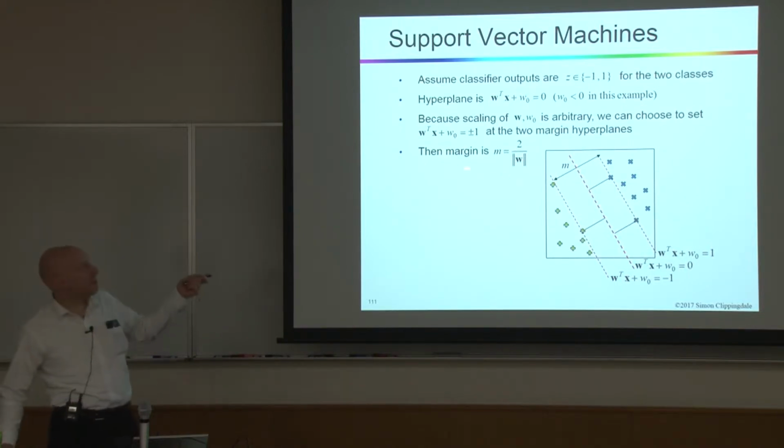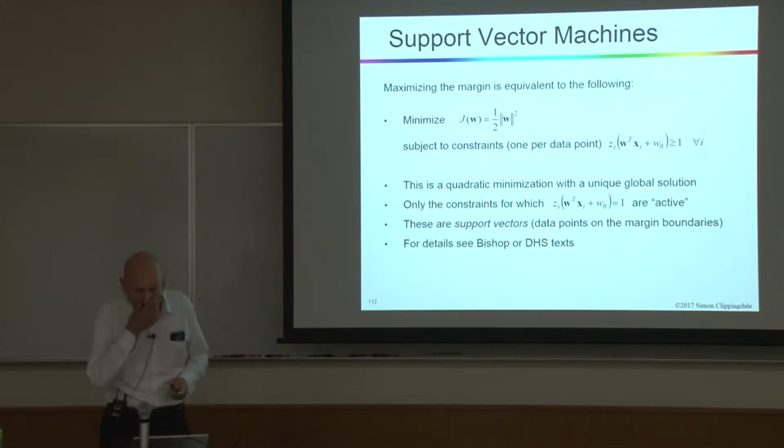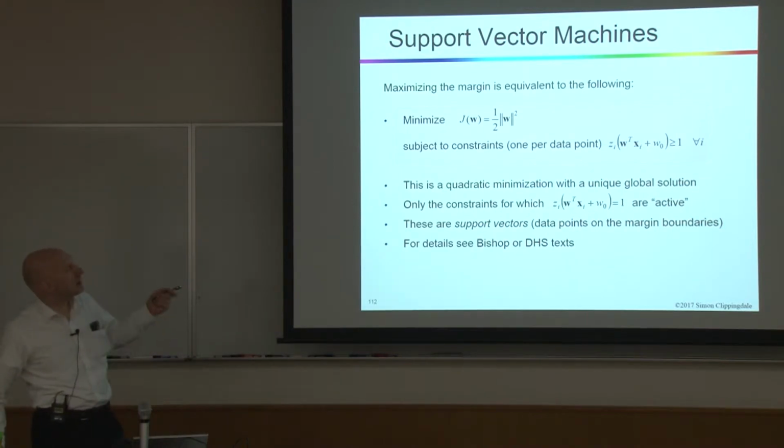And if you do that, then the margin M here is 2 over the length of the weight vector. Maximizing that margin is then equivalent to minimizing half the squared length of the weight vector, subject to one of these constraints per data point.